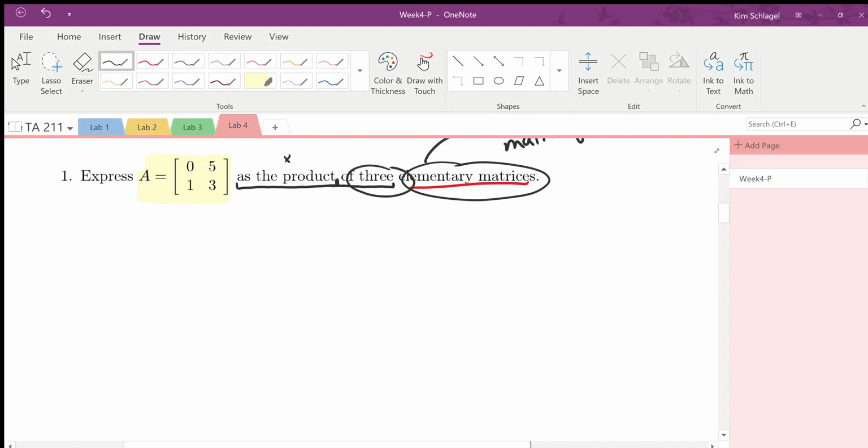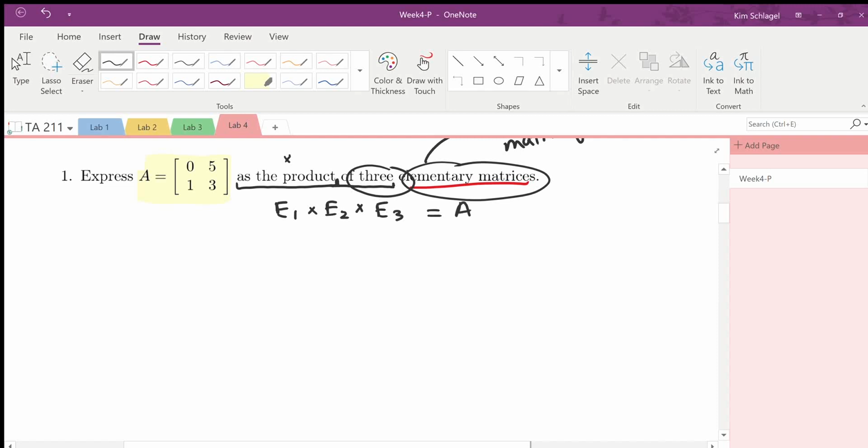So I want you to find 3 elementary matrices that when you multiply them together, they equal A.